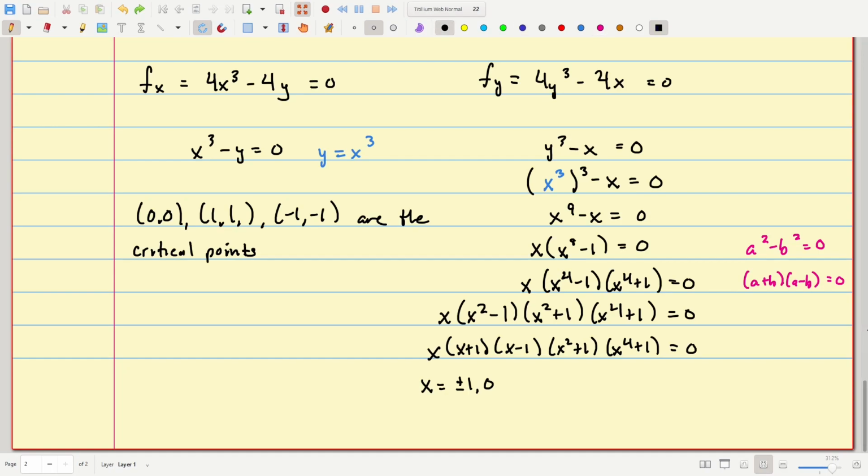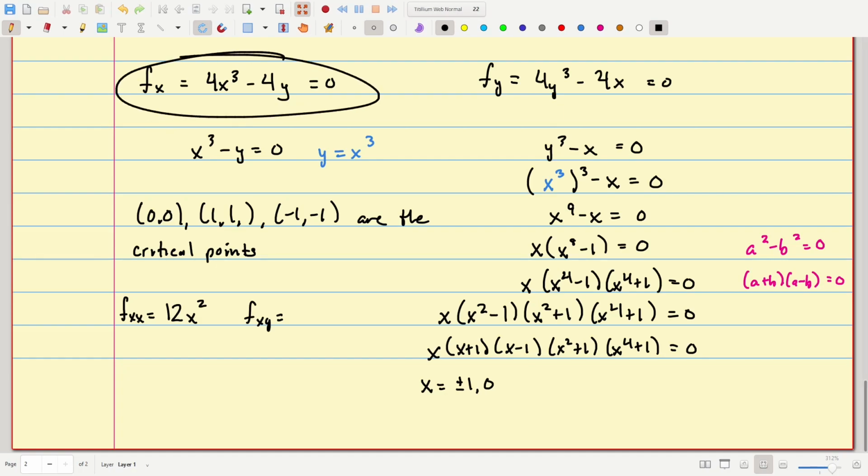Okay, we have our critical points, and what we want to do is use our second derivative test in order to figure out what's going on with these values. So we need our second partials. We'll put the mixed partial in the middle, I guess. So we differentiate this with respect to x, and then we differentiate it with respect to y.